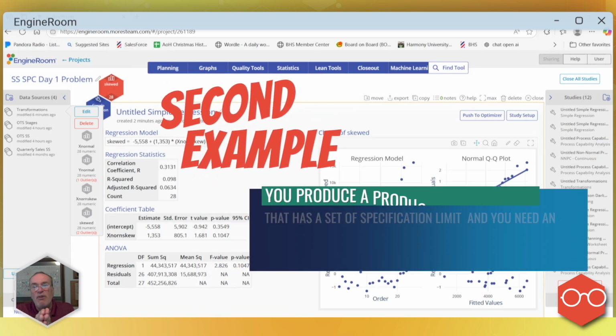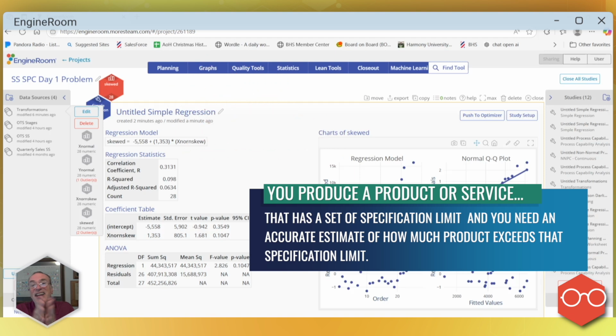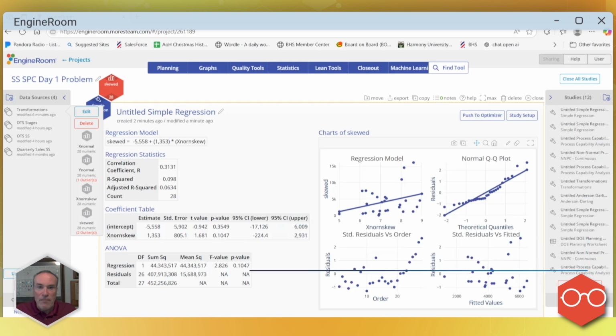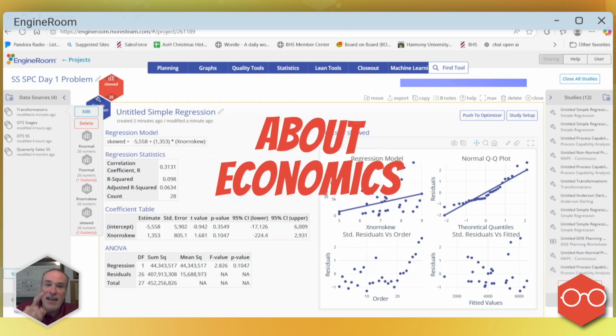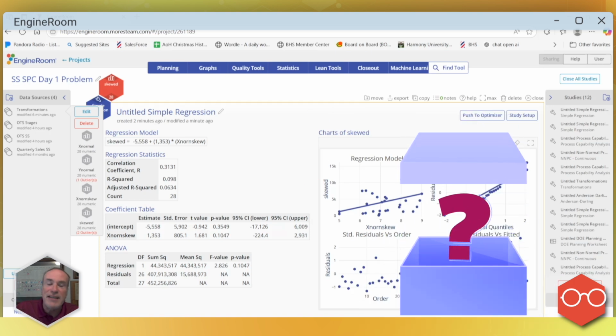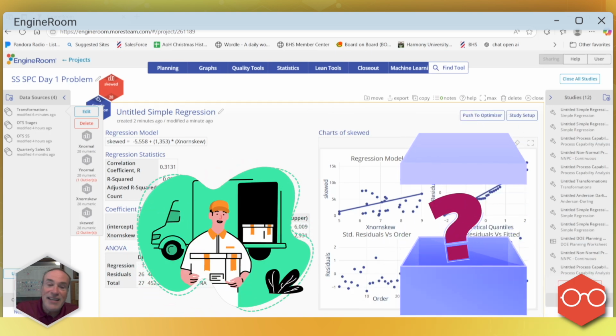We produce a product or a service that has a specification limit or a set of specification limits, and you need an accurate estimate of how much product exceeds that specification limit. Now, the reason why is this is about economics. How much bad product are we sending to our customer at any given point?